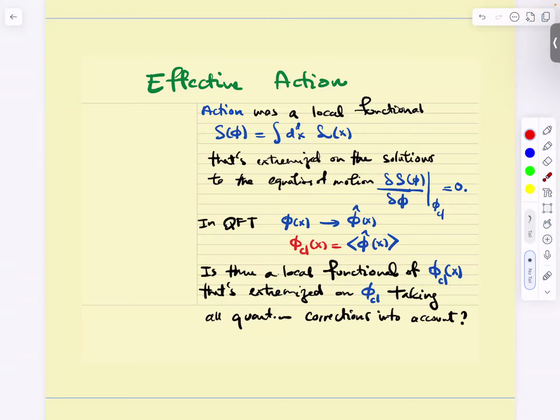The path integral was a functional of j, not a functional of phi. The question is, can you construct a functional of phi that does the same calculation? I'm going to walk you through it. All right? At least at a high level, is it clear what we want to achieve?